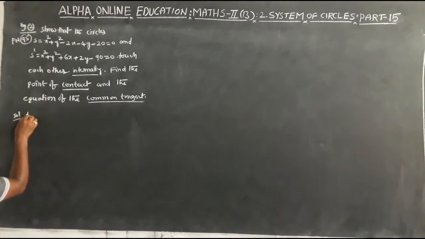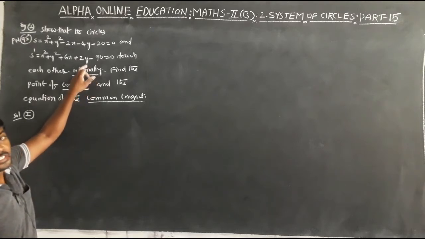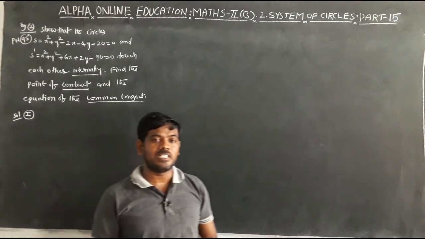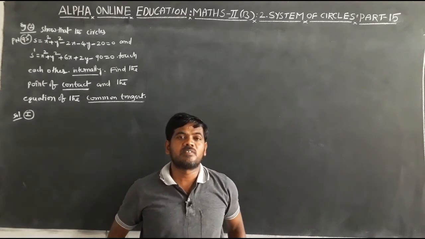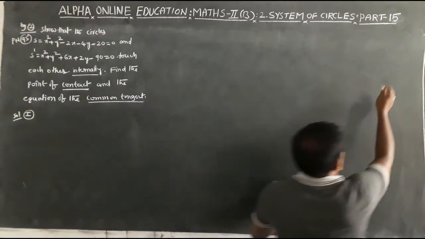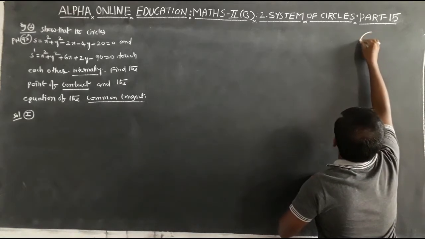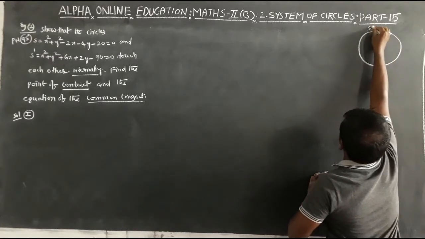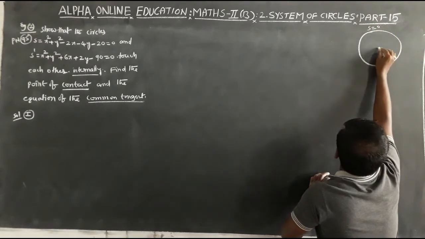Solution. First part, we prove that the given two circles touch each other internally. If the two circles touch each other internally, C1C2 = |R1 − R2|. This is the equation of the first circle, S = 0.